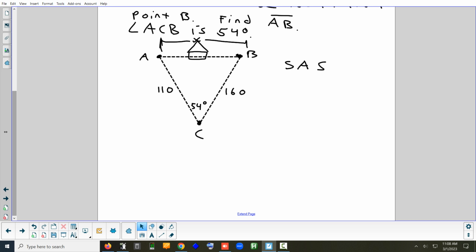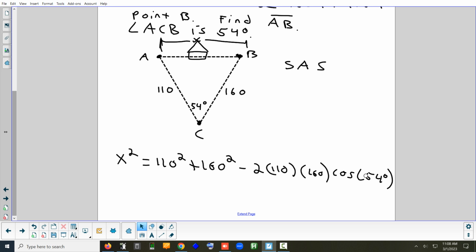So how would the pattern start out if I want to solve for X? We do C squared, well, X squared. X squared equals 110 squared plus 160 squared, minus 2 times 110 times 160 times cosine of 54.